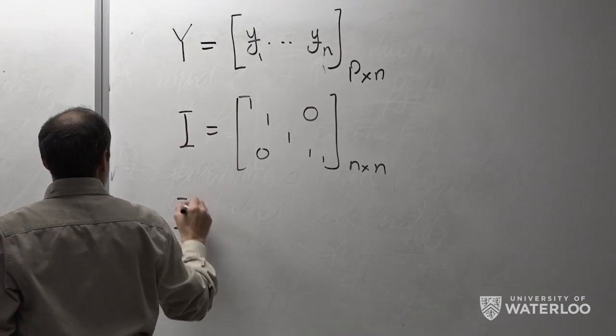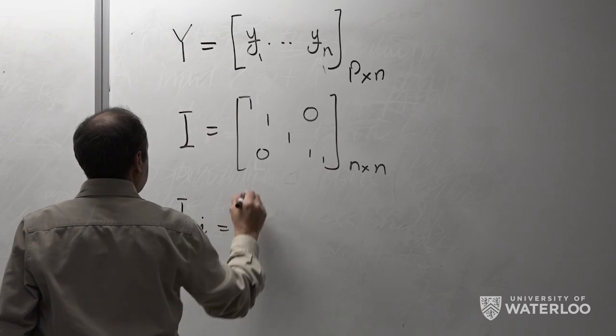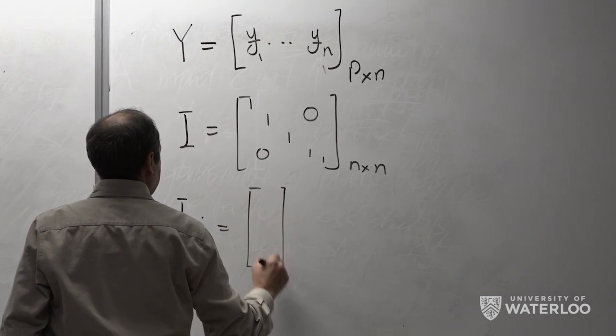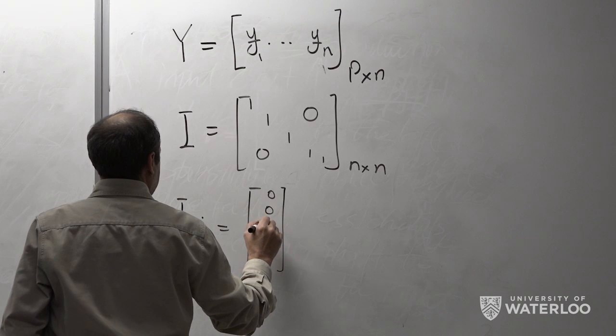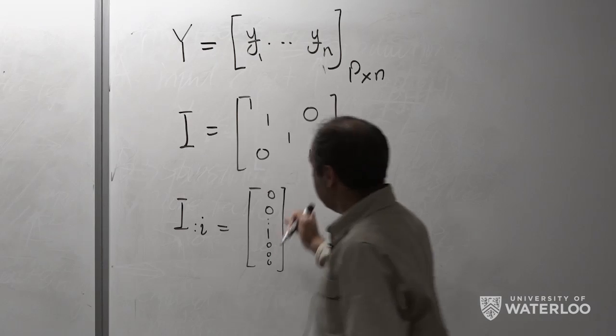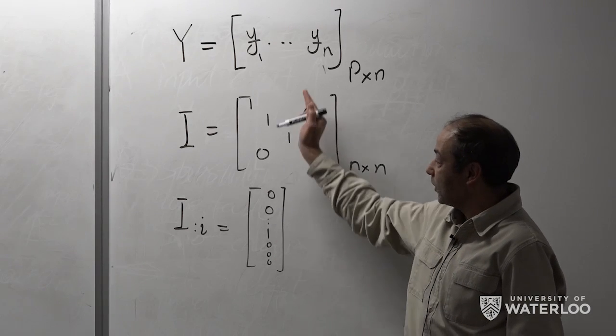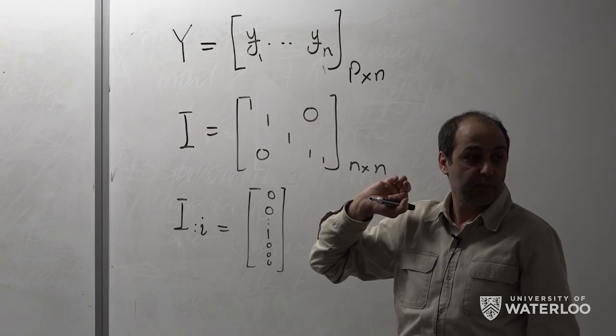Then I define I_i to be one column of I. So basically, it is 0 everywhere except in the position i. So it's one of the columns of the identity matrix.